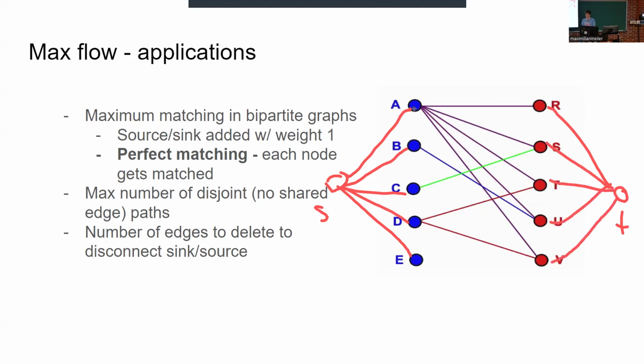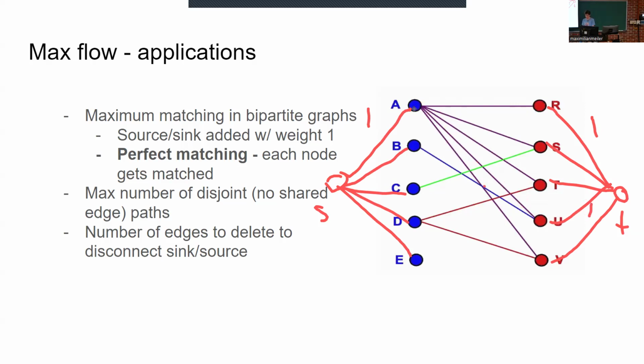And then what edge weights do we give each edge? Well, because each node can only be used in one matching, we give each edge a weight of 1. So essentially we're saying we can pump 1 through to A, follow it somewhere, and then pump it out through one of these nodes.